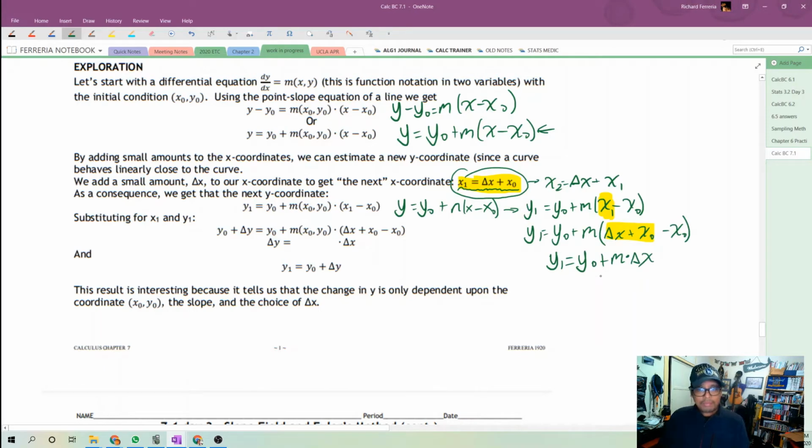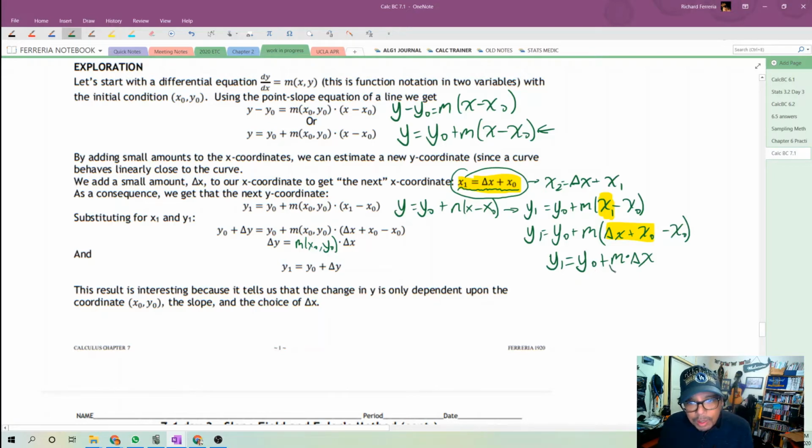Okay. Now, if you look at this equation, sorry, we should write this here. Delta y equals, so we're subtracting y naught, so it's going to be m of x naught y naught multiplied by delta x. Okay.